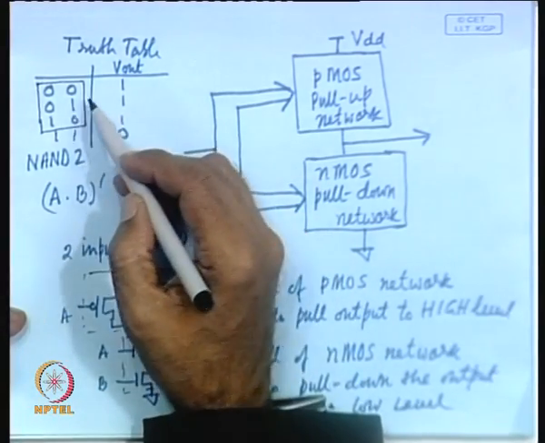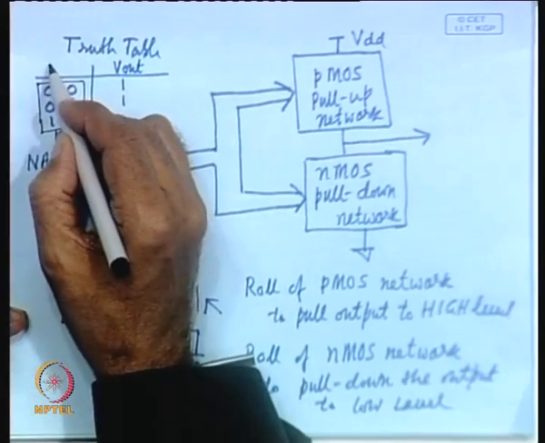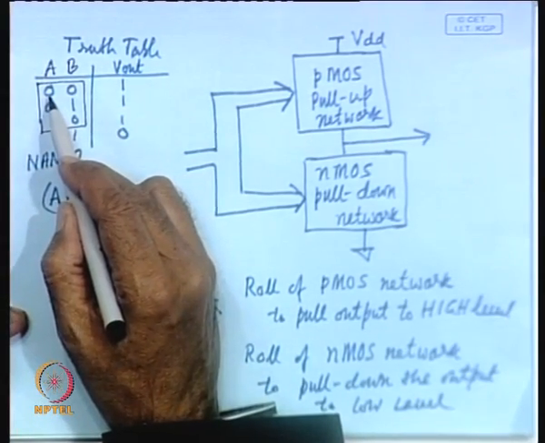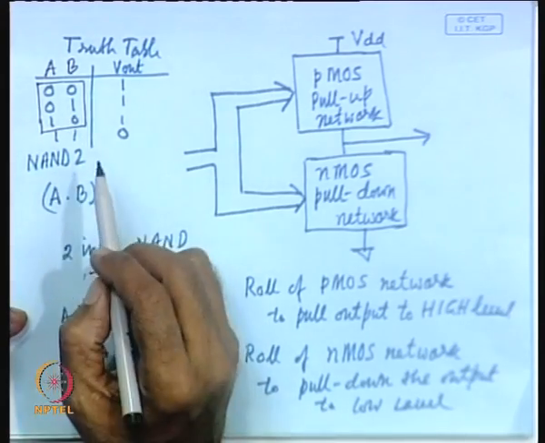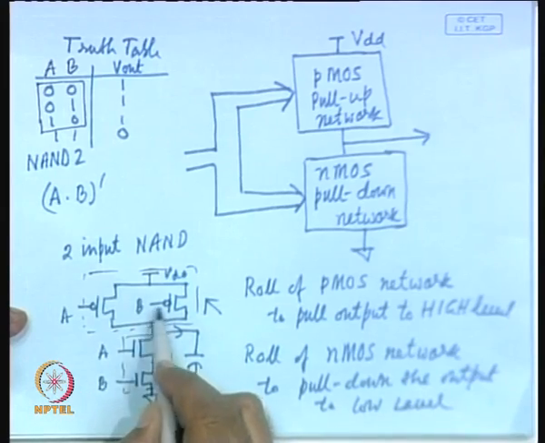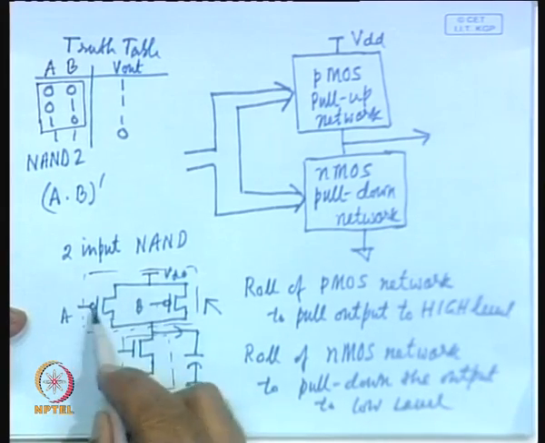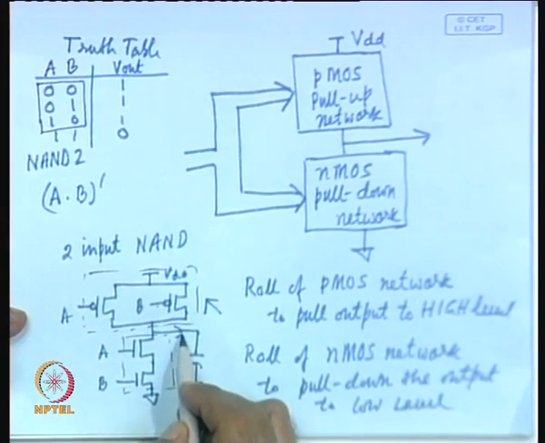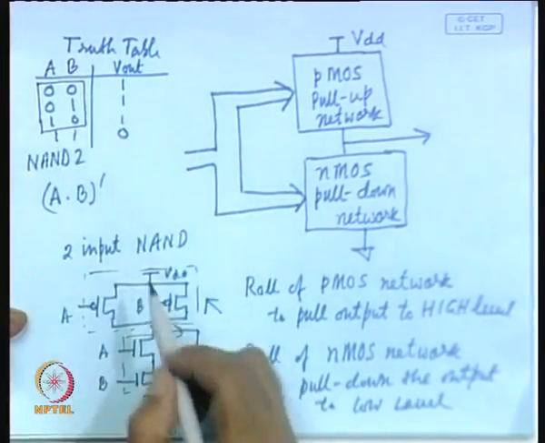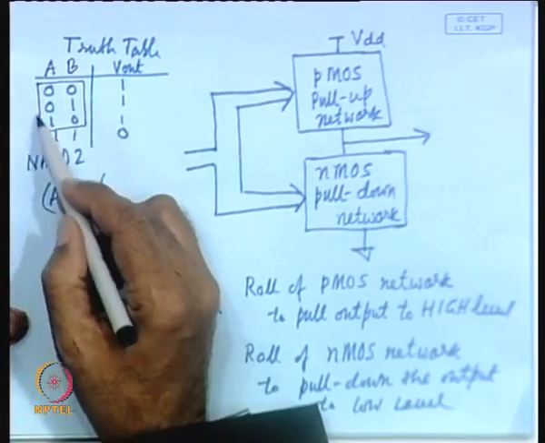How it can be done? As you know, when we apply 0 to a PMOS transistor, it turns on. So, we find that if we apply 0 to any one of the 2 transistors, output will be 1.